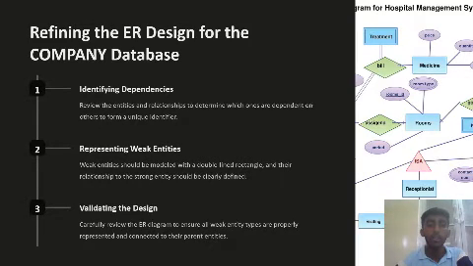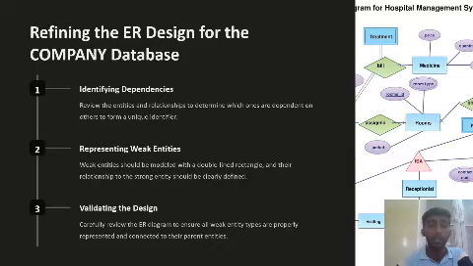Refining the ER design for the company database. Here, identifying the dependencies, representing the weak entities, validating the design. These are the steps for refining the ER design for the company database.